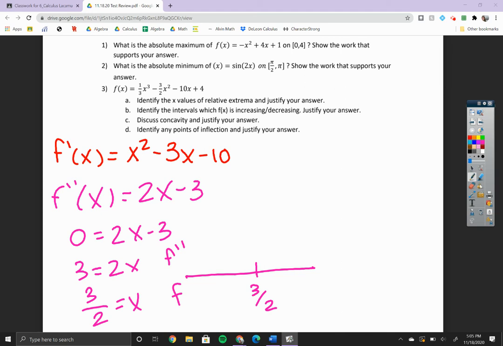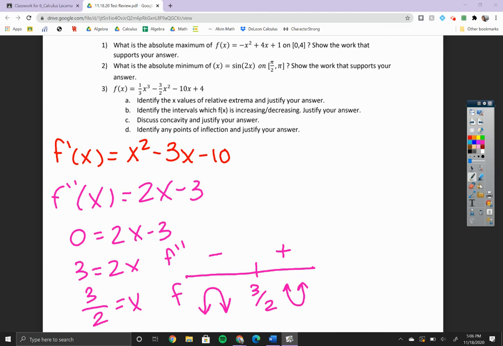So if I plug in a 0, I would get -3. So it would be a negative there. If I picked a number bigger than 3 over 2, I could pick 2. 2 times 2 is 4, minus 3 would be +1. And we know if our second derivative is negative, it's going to be concave down. If our second derivative is positive, it's going to be concave up.